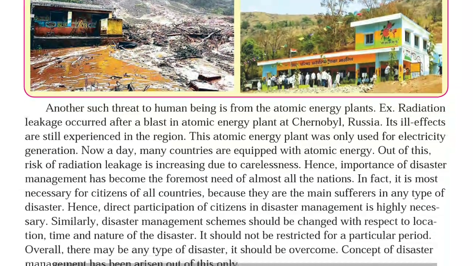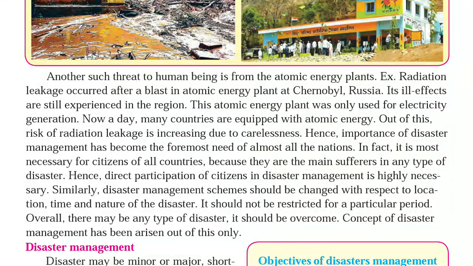Another such threat to human beings is from atomic energy plants. For example, radiation leakage occurred after a blast in the atomic energy plant at Chernobyl, Russia. Its ill effects are still experienced in the region.